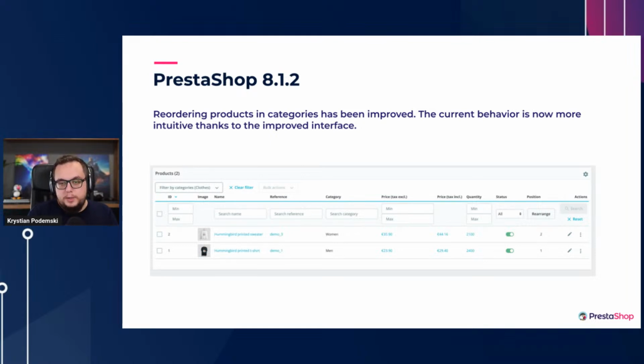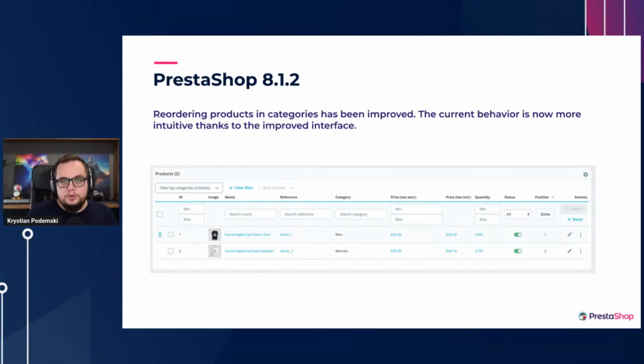After you click this button, you will switch to a different version of the UI, a different look of the product list, which allows you to edit the order of the products. So basically, after you change the position of the products and set up everything as you wish, you can just click done, and that will save the product list order.